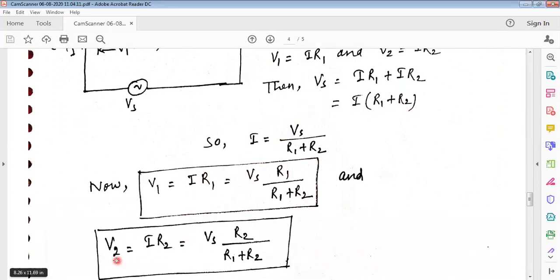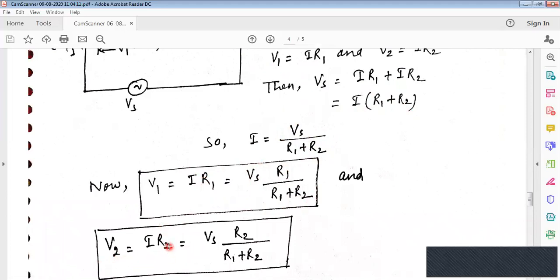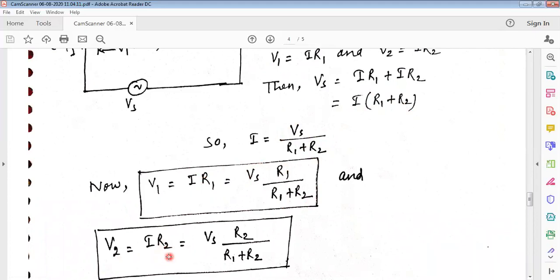Similarly, you can find V2 also. V2 is equal to I into R2, the voltage drop across resistance 2. So in place of I, write the total voltage divided by R1 plus R2 and multiply with R2. So this is your V2.